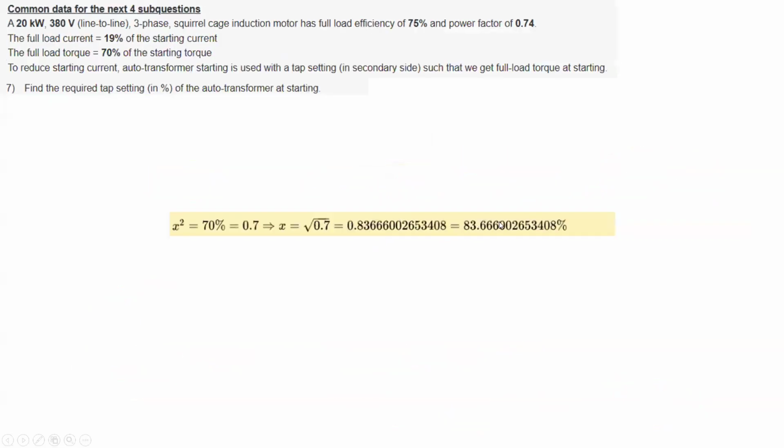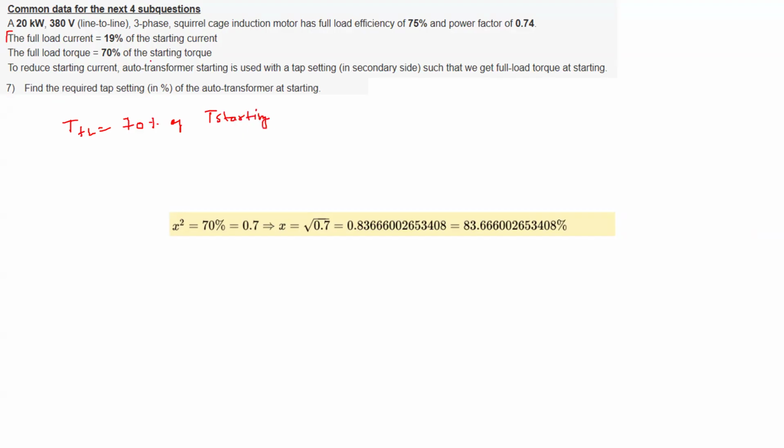Okay. Now we are going to the next question. In this next question, you have to read these three statements very carefully. They are saying that the full load current is 19% of the starting current. Full load torque, I'm just writing, is 70% of the T starting.